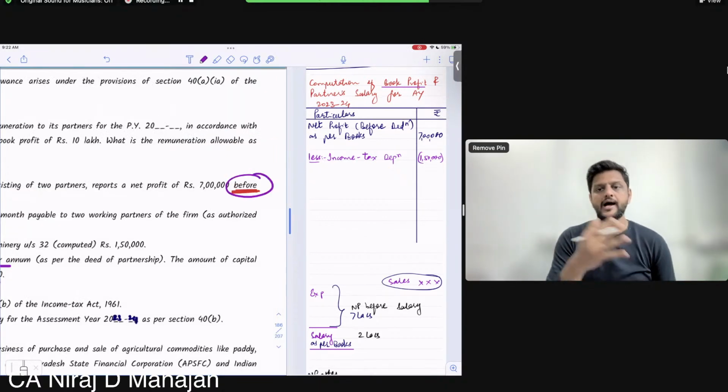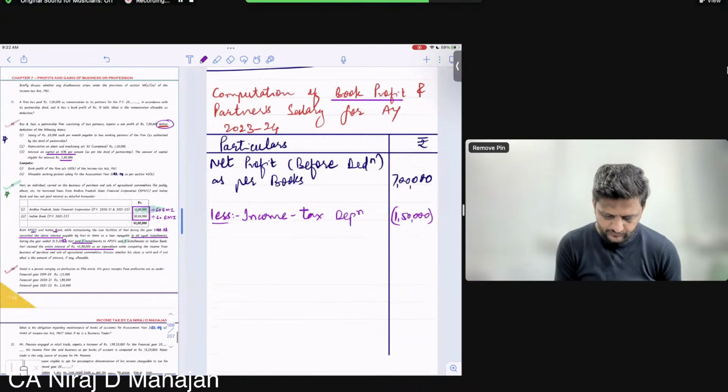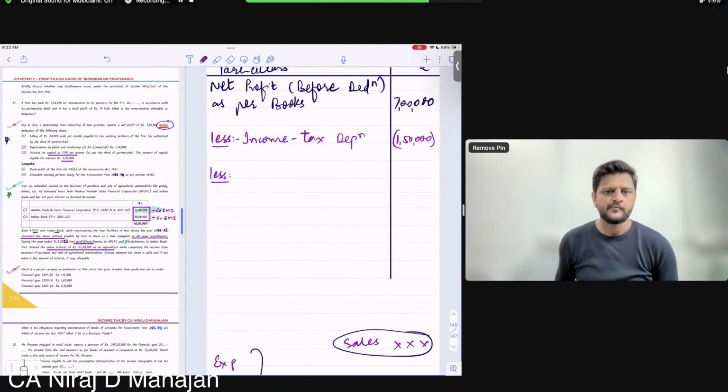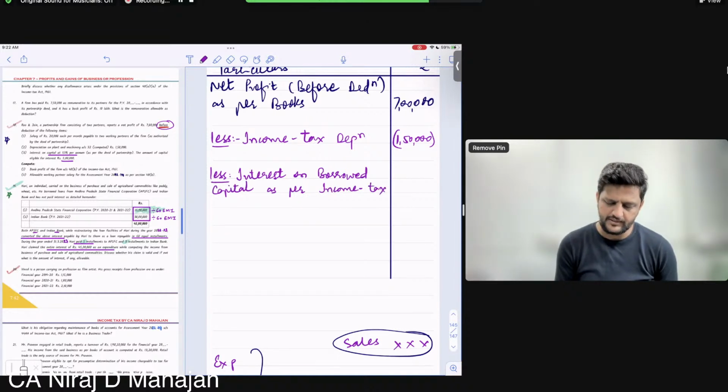So we'll allow as per the limits. So less: interest on borrowed capital, as per income tax, up to allowed limits. है ना?